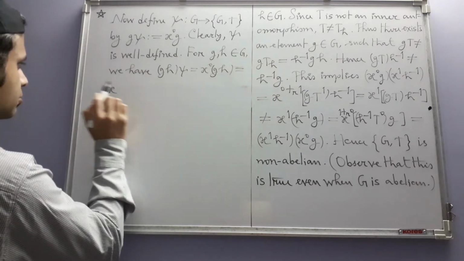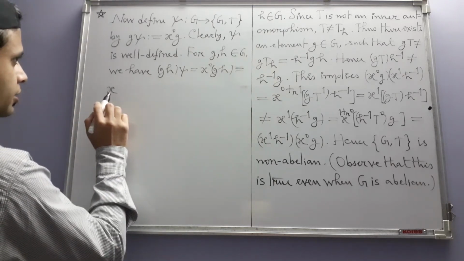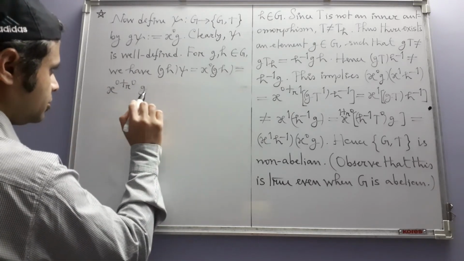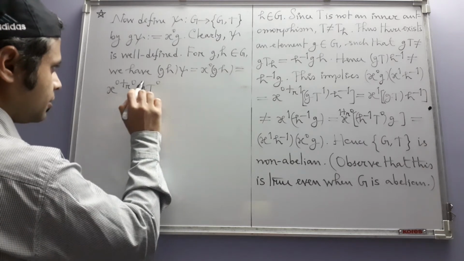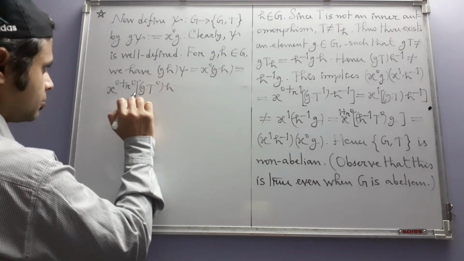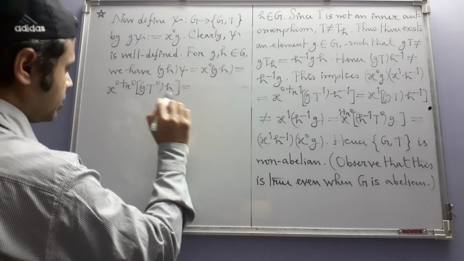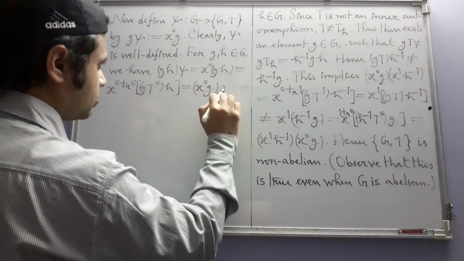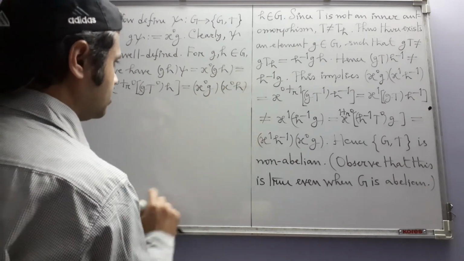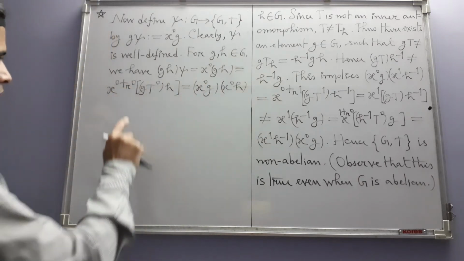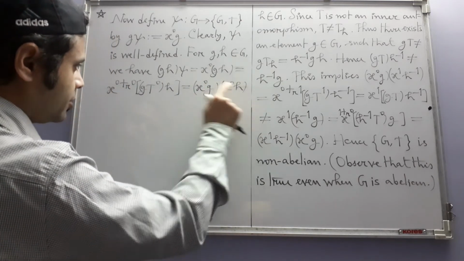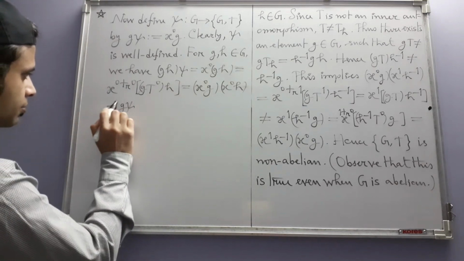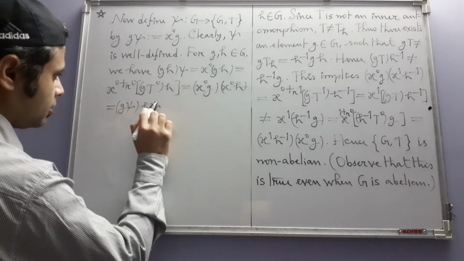This, if you look carefully, can be written as 0 plus R0, G t to the power 0 H, and this is equal to x0 G times x0 H, 0 plus 0 using that special plus, G t to the power 0 H. Now this is nothing but G psi, and the other one is H psi.